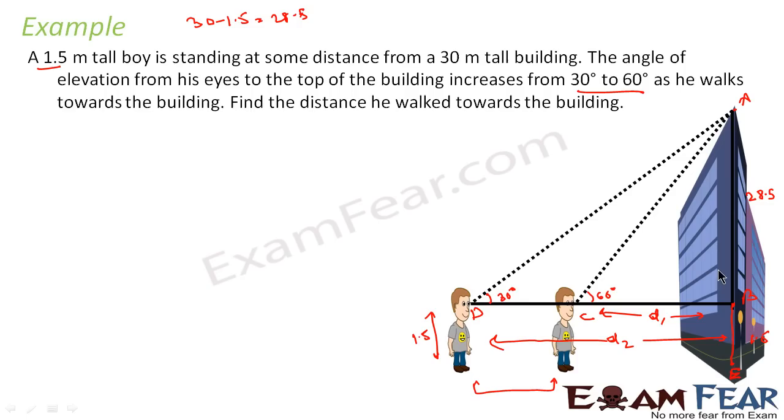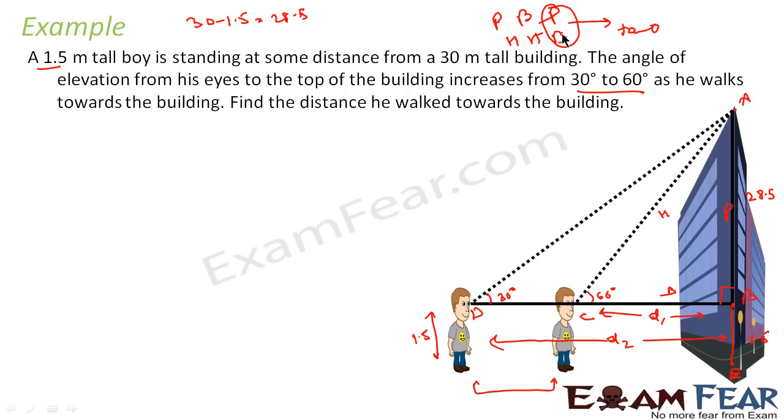Now in the right triangle ABC, since C is the frame of reference, this will be the hypotenuse, this will be perpendicular, and this will be base. I have to derive a relation between perpendicular and base, so I'll use tan theta.